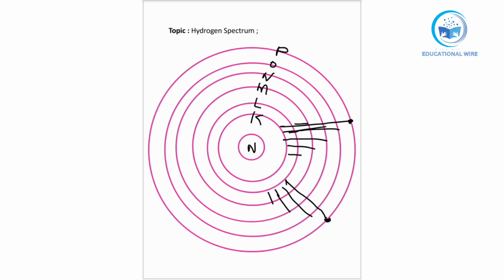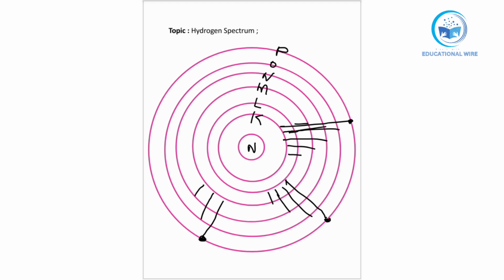This is called the Balmer series. After that, we move to the Paschen series. In the Paschen series, the electron is in the M position. In M it gets excited to a high energy level, and after losing energy it moves downward, meaning it goes to 2.